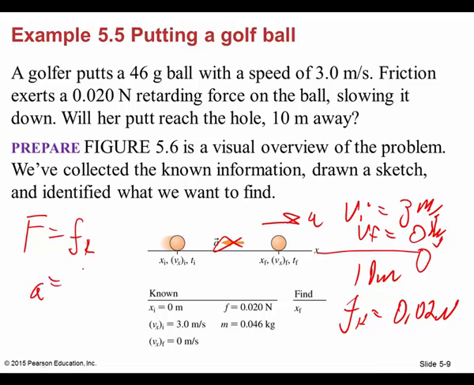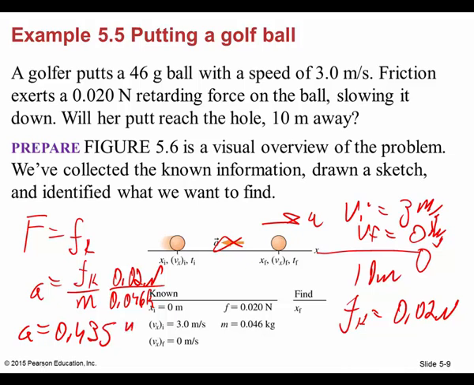So acceleration is equal to the kinetic friction force over the mass, and so we have 0.02 newtons divided by the mass of the ball, which is 46 grams, and we have to put that in kilograms, so it's 0.046 kilograms, right? And so we get 0.02 divided by 0.046, and we get an acceleration of 0.435 meters per second squared.